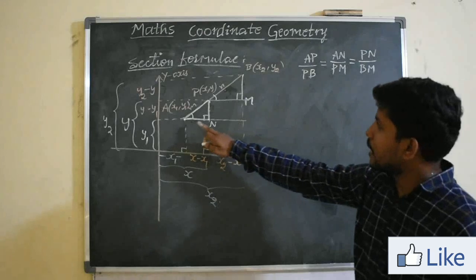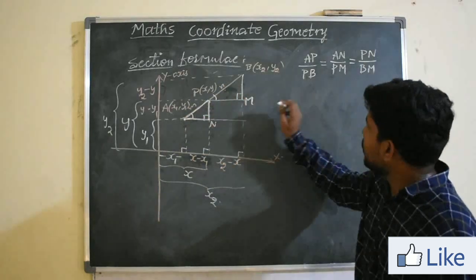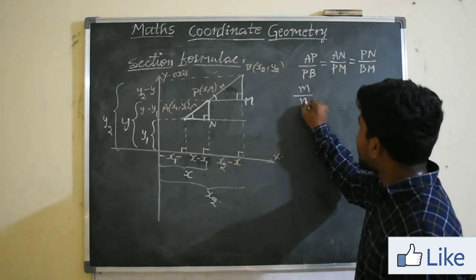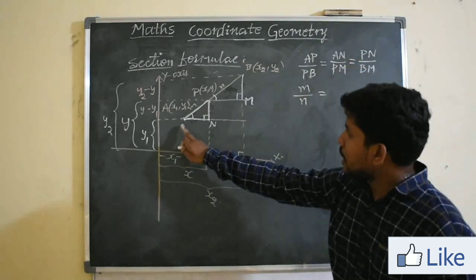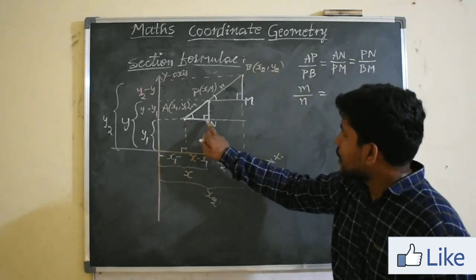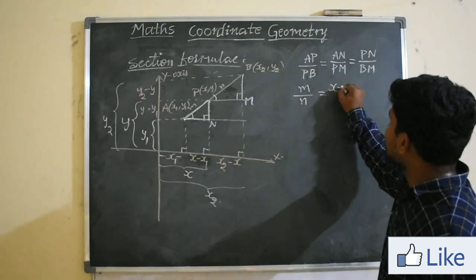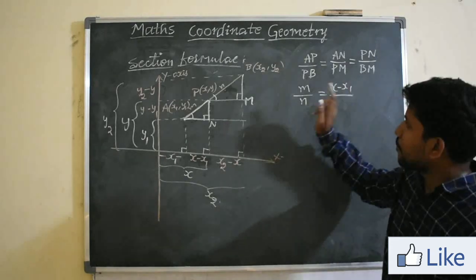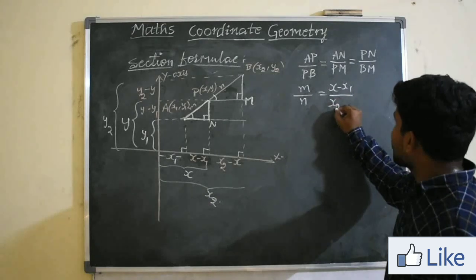What is AP? As we have considered the ratio as m is to n, so the AP value is m here. PB value is n. Now AN is the distance between A and P, the gap between A and P, that is x minus x1, by PM distance, which is x2 minus x.